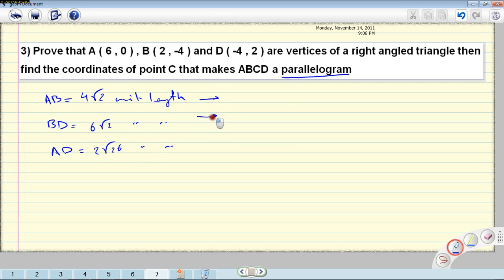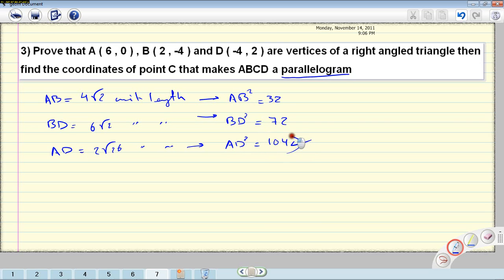The second step, I'm gonna square each side, so AB power 2 equals 4 root 2 power 2, it's 32, and BD to the power of 2 equals 72, and AD to the power of 2 equals 104. This is the longest side.